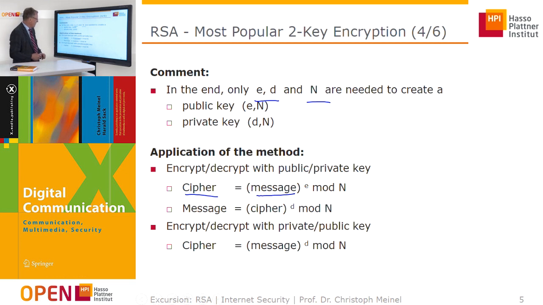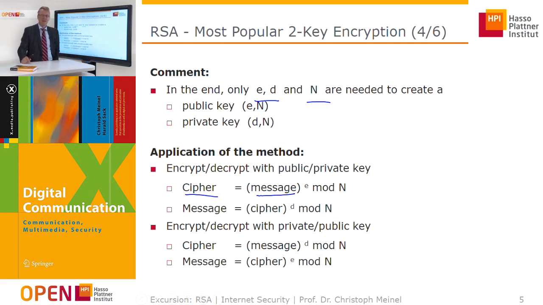Take the message, take the private key, for example, for creating a signature, to the up to d modulo n, and then to verify the signature, one has to take the cipher up to e. I repeat, message and ciphers every time are considered in that case as numbers.